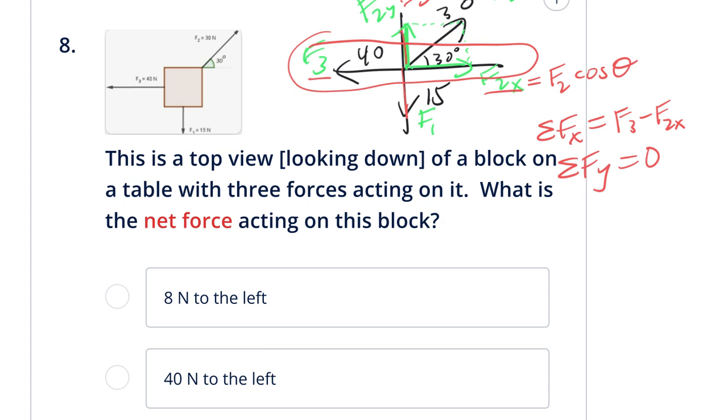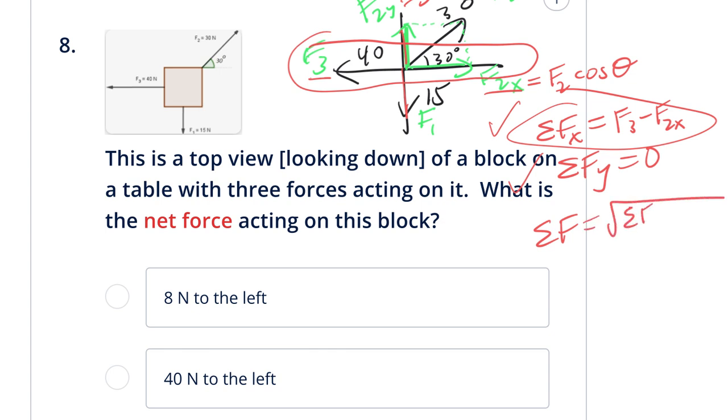So what is the net force? It's just whatever this is. Now, if Fy didn't cancel out, I'd have to use the Pythagorean theorem with those two: the net force would equal the square root of the sum of the squares of the x net force and the y net force.